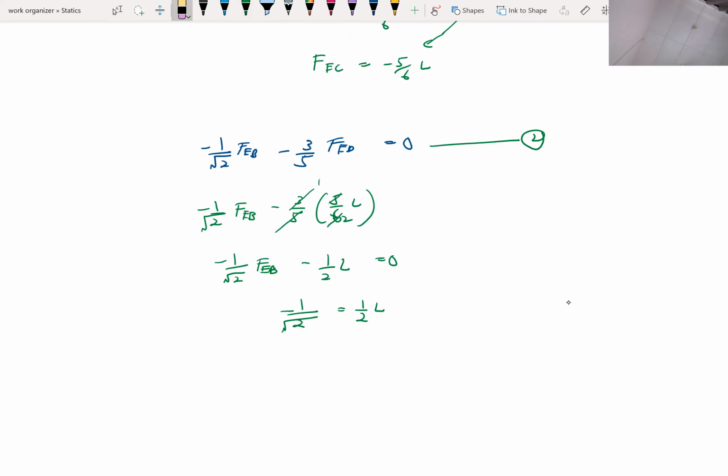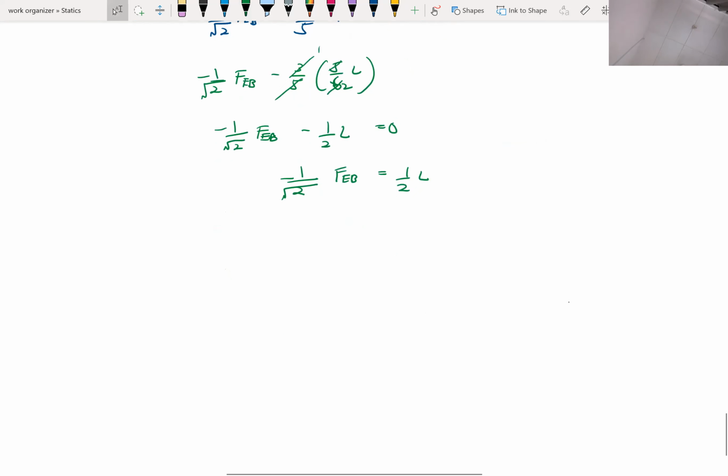Oops, sorry, forgot the FEB. FEB is equal to 1 over 2 L. So this one, FEB equal to negative square root 2 times 1 over 2 L, so you can cancel out.